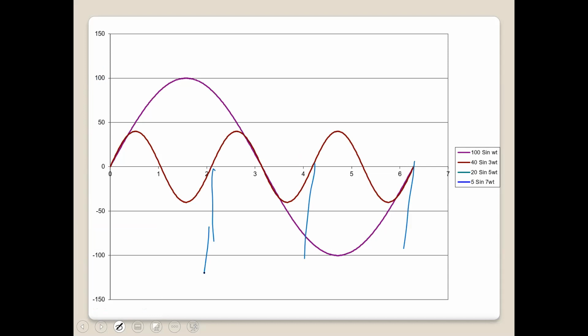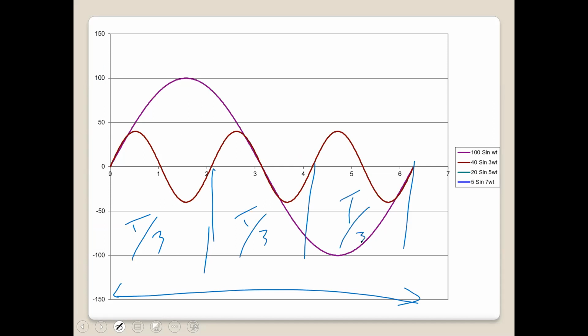So for the big waveform, if that was T, this would be T over 3, T over 3, T over 3. So these periodic times would be T over 3. That's what we were explaining earlier, if that is T.